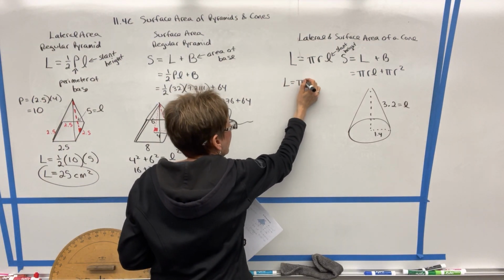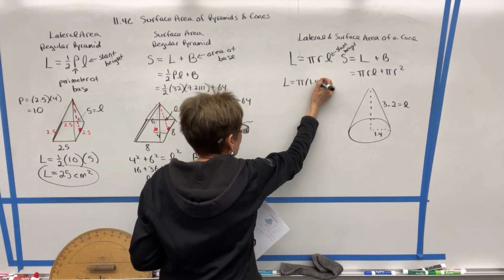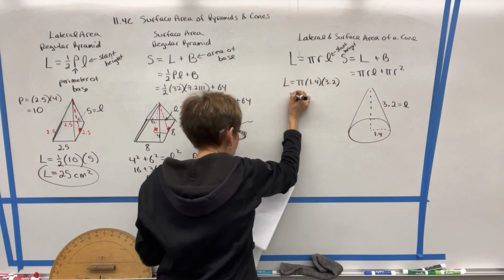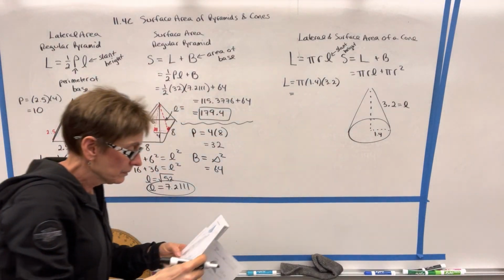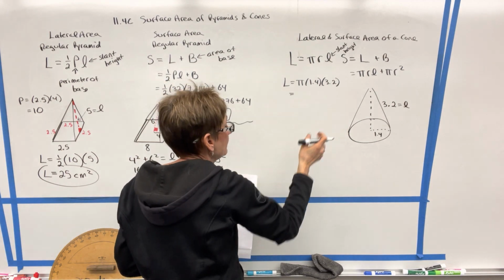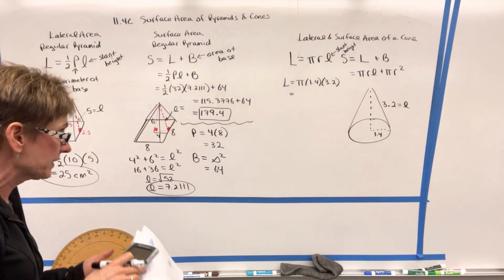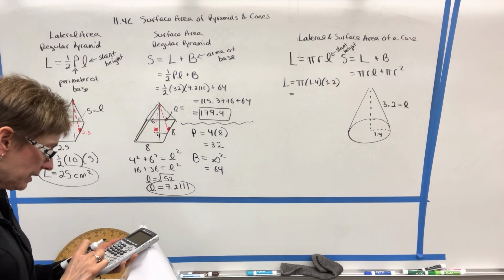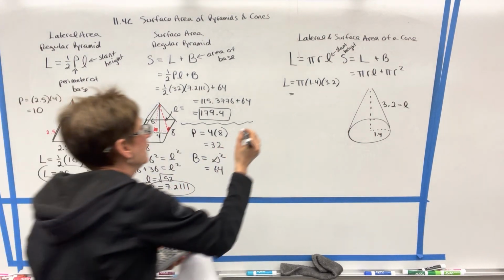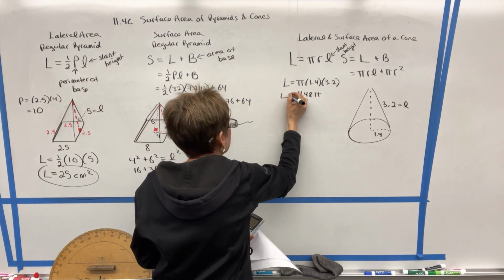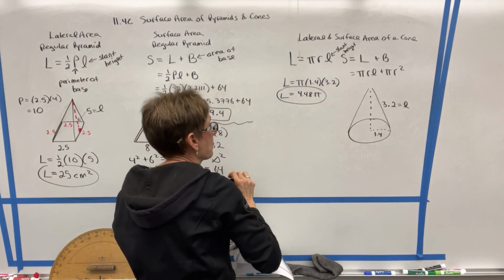It's going to be pi times R, which is 1.4, times L, which is 3.2. We'll find the lateral area first, and then we'll find the total surface area. So if I take 1.4 times 3.2, I'm going to get 4.48 pi. So that would be just the lateral area.